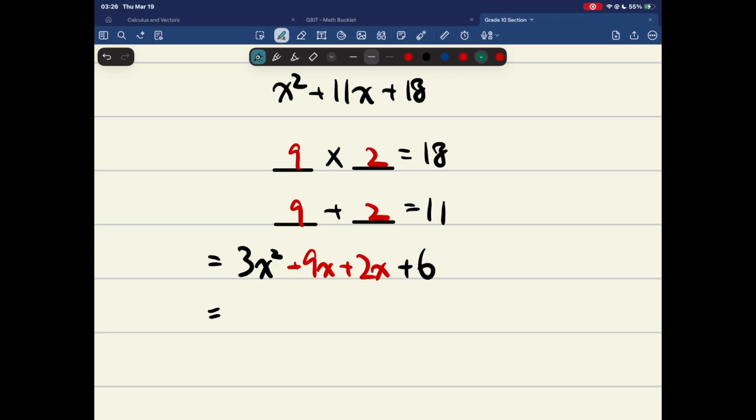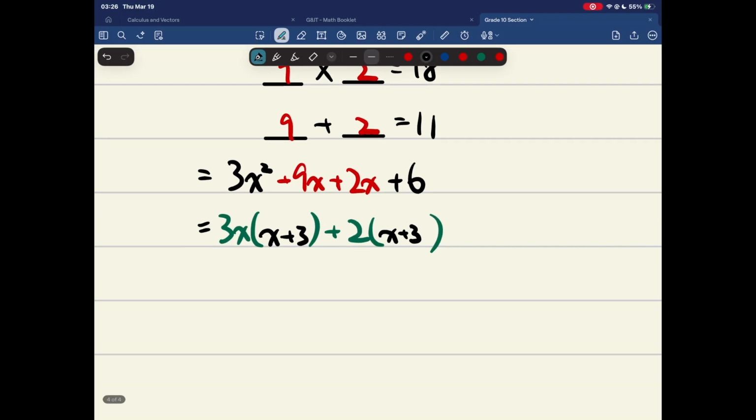And if we do the same thing, we factor 3x, bracket, and plus 2, bracket, we will have x plus 3. And at last, we would have x plus 3 and 3x plus 2.